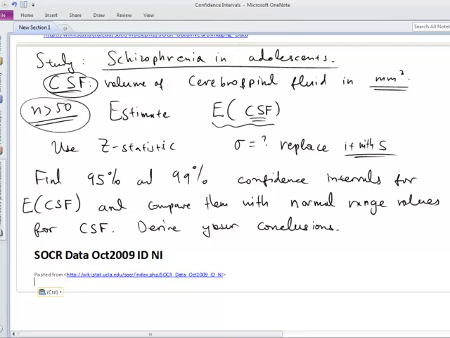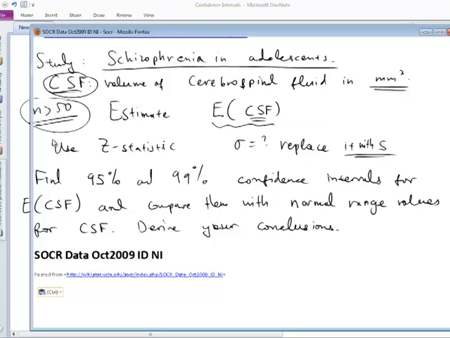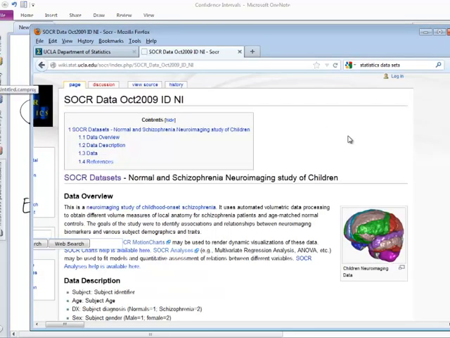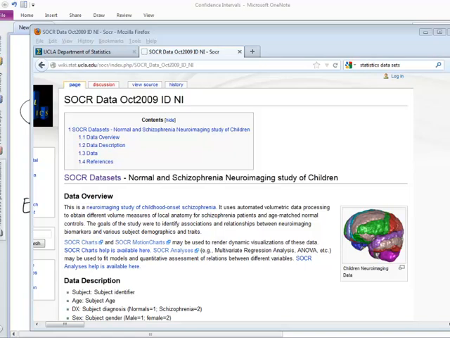With this, I'm going to show you the data set one more time. And the problem is to estimate the mean of the random variable CSF, cerebrospinal fluid volume in cubic millimeters. Thank you very much, and I hope that you enjoyed it.